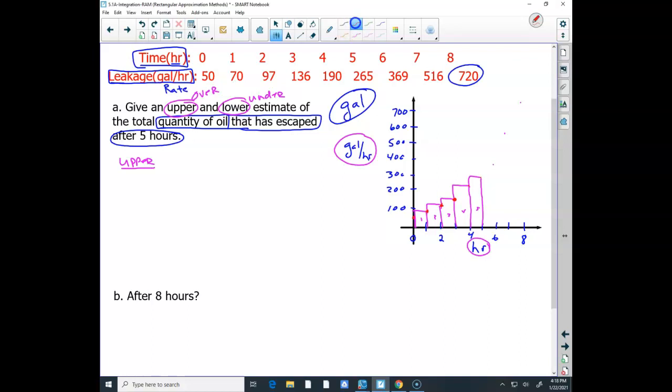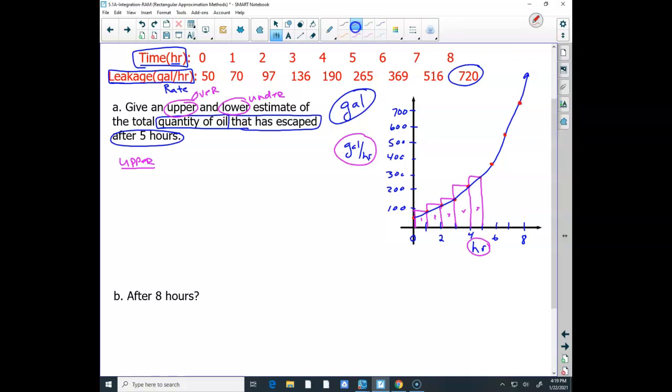Because upper estimate is basically, if I tried to connect this somewhat function coming up, and here's all my data points so I can see them all.